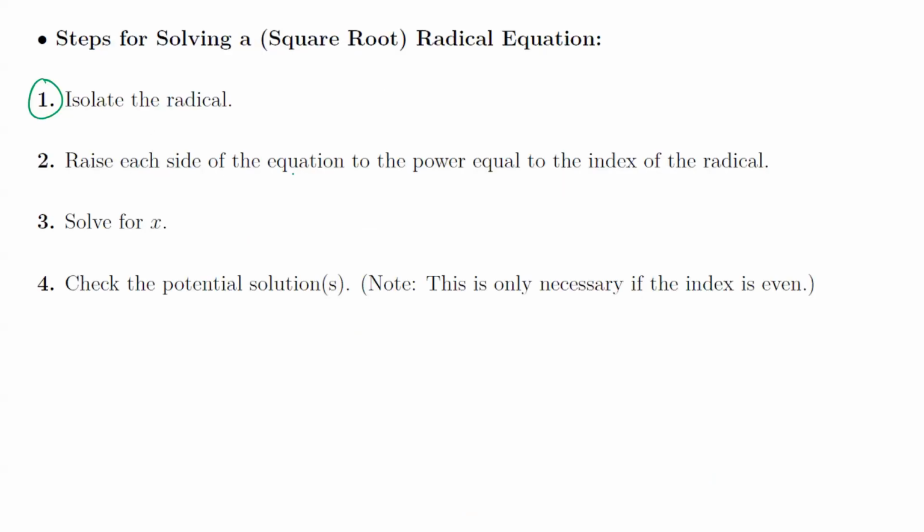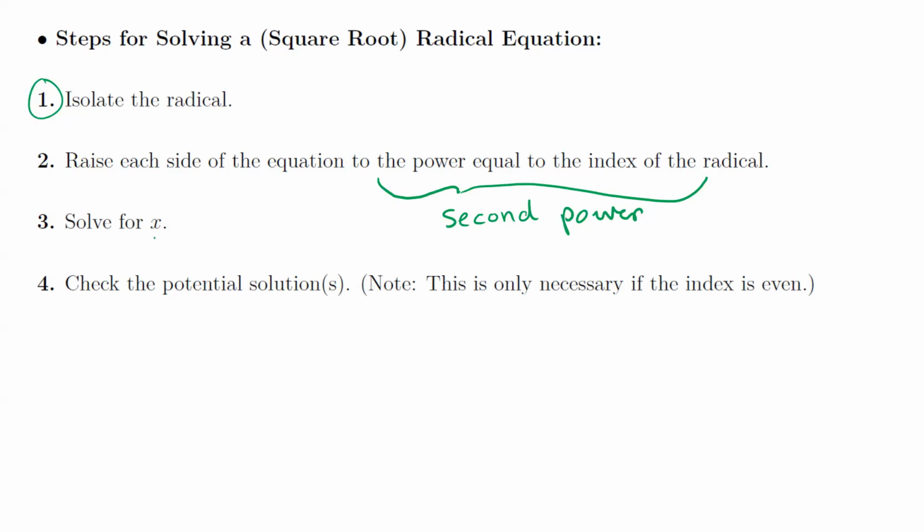Then raise each side of the equation to the power equal to the index of the radical. These instructions are for solving a radical equation in general, which would include cube roots and fourth roots and so on. But for the specific ones we're going to restrict ourselves to, we can just replace this with to the second power, because we're going to focus on square root equations here.